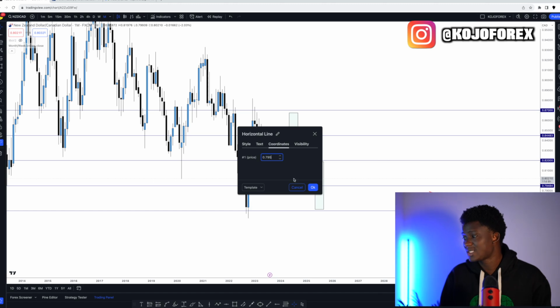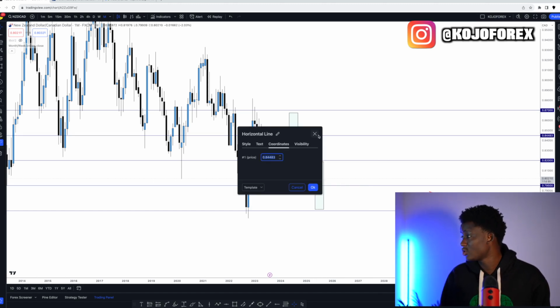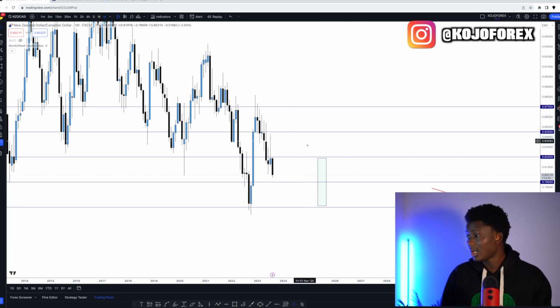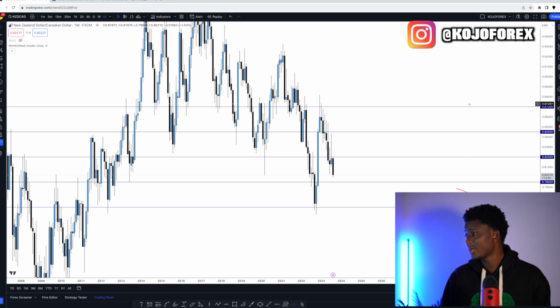So here is going to be 0.7950, which gives you that 250 pip half, and here is also going to be 0.8450. So at that point you can see that I have successfully carved out New Zealand dollar, Canadian dollar into a perfect 1,000 pip range, starting from 0.77 all the way to 0.87.